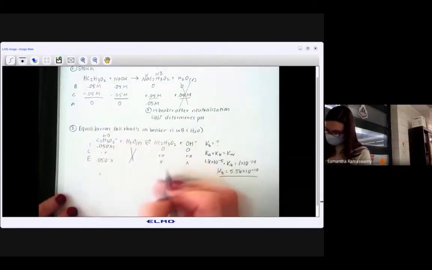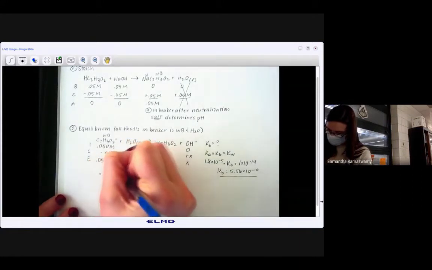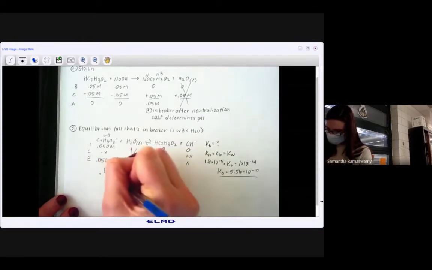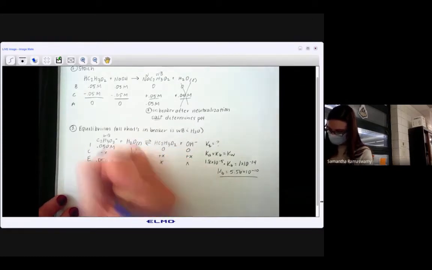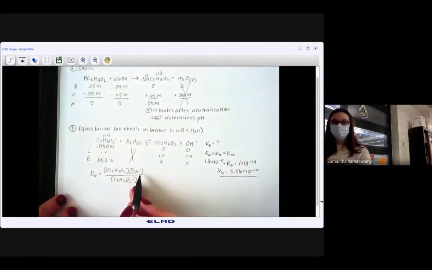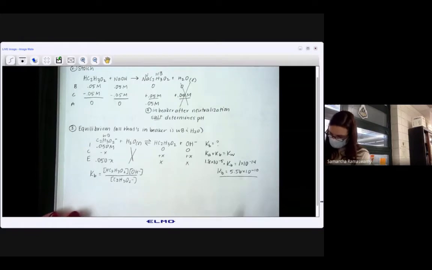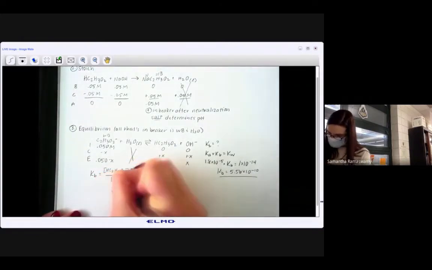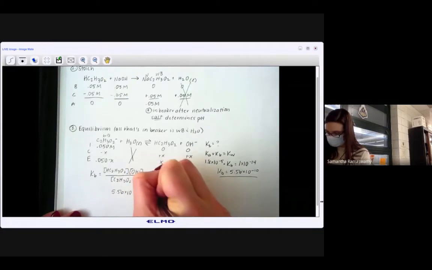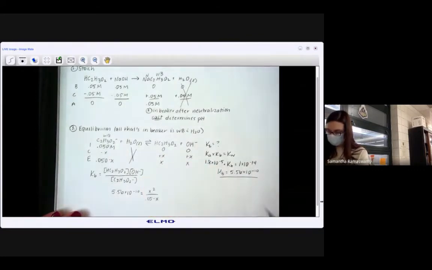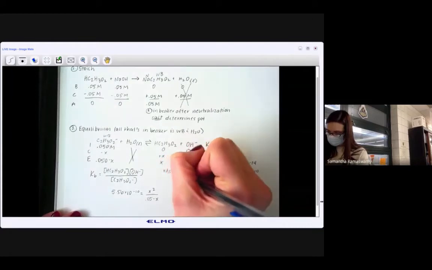Because if I do products over reactants here, acetic acid times hydroxide over the acetate ion, that is Kb because of the hydroxide. So now I have the value of Kb: 5.56 times 10 to the negative 10 is x times x over 0.05 minus x. Make a note up here, assume x is small.